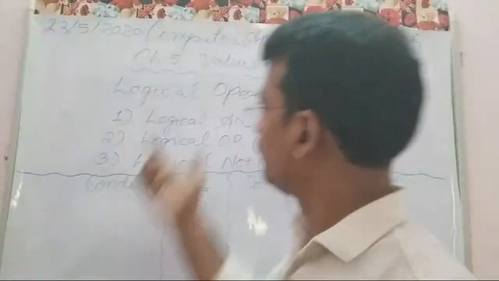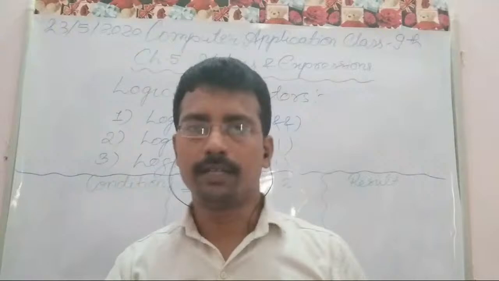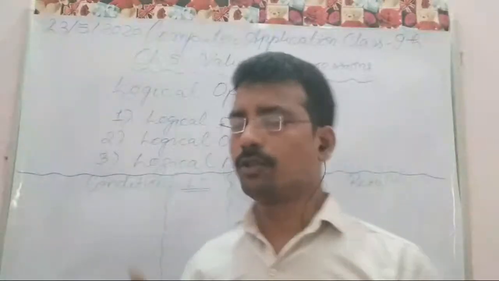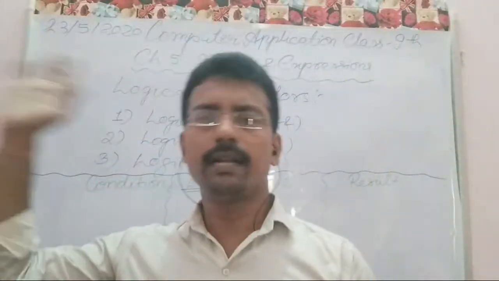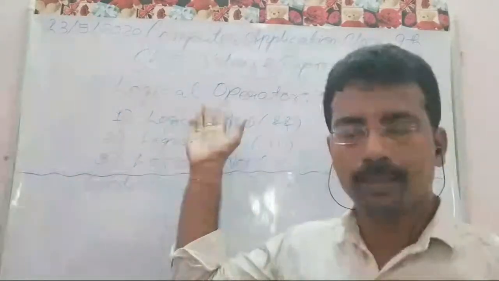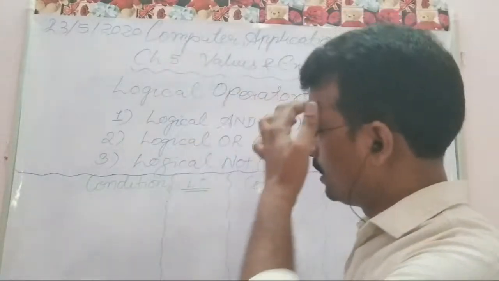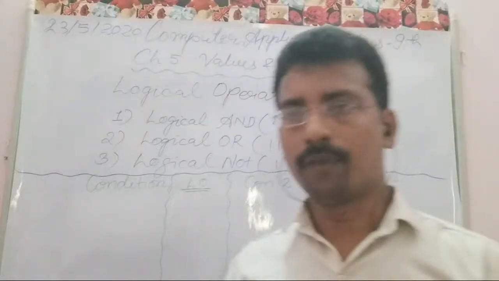So you need a logical operator. This is a kind of joint that joins multiple conditions, not just two. Here I have written two, but you can combine so many conditions using different logical operators. Clear? This way we are going to see how they work. So first we are taking logical operator AND.